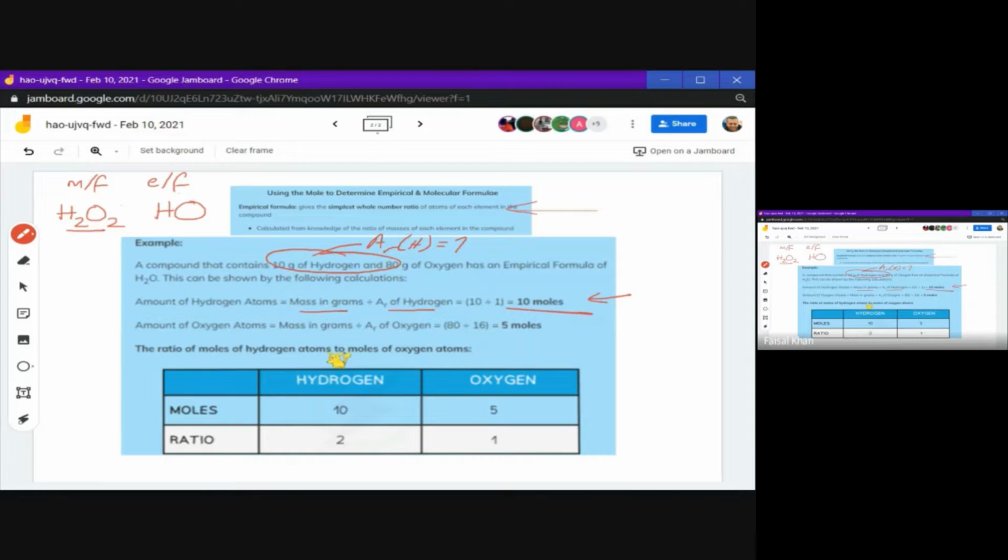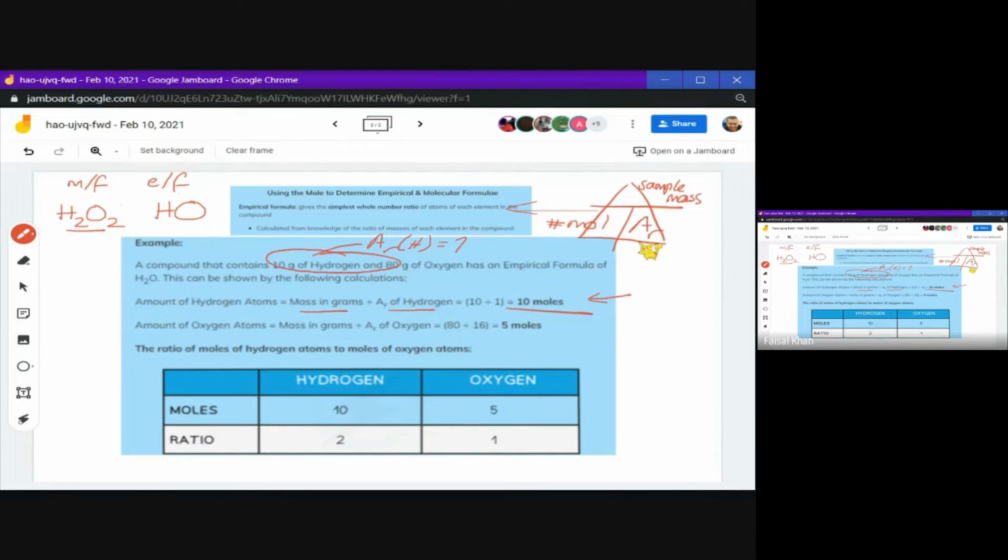relative atomic mass, because we already have learned this equation, yeah, number of moles equals mass, so your sample mass. Okay, this is what we did all throughout last week over the relative formula mass.